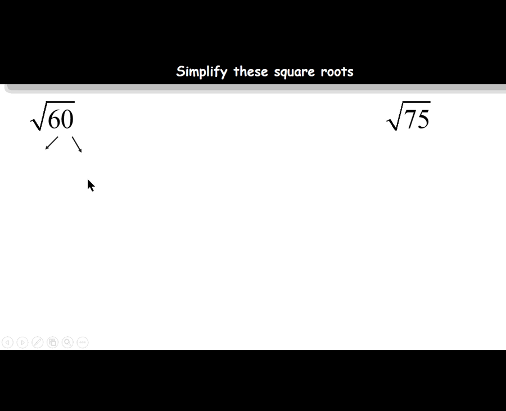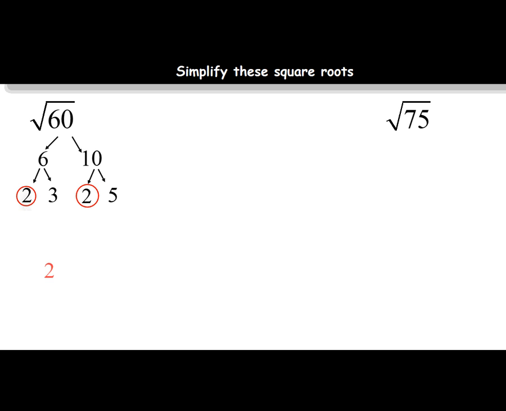Okay, for 60, most of us would start with this, saying that this is 6 times 10. We can break up the 6, that's 2 times 3. 2 and 3 don't break down any further, they're prime, so we come over to the 10. 10 can be broken down, that's 2 times 5. But now all these numbers can't be broken down any further. These are the prime numbers. So we find any of the numbers that we can find a pair of. Here, once again, we get a pair of 2's.